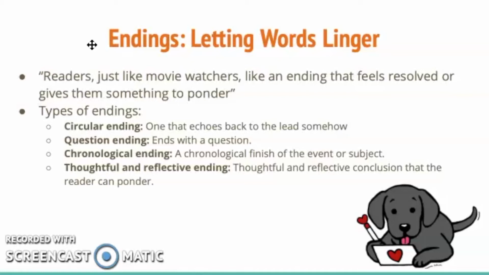The types of endings that this book emphasized were the circular ending, something that echoes back to the lead; the question ending, which ends with a question; the chronological ending, something that has a chronological finish; and then the thoughtful and reflective ending, something that has the readers ponder what they just read. I liked this book because it noted how this kind of ending is important because it allows the readers to really move away from the "in summary" or "to conclude" kinds of writing.